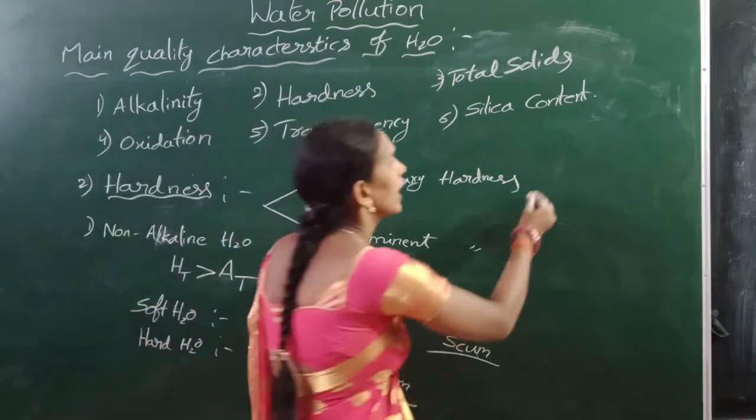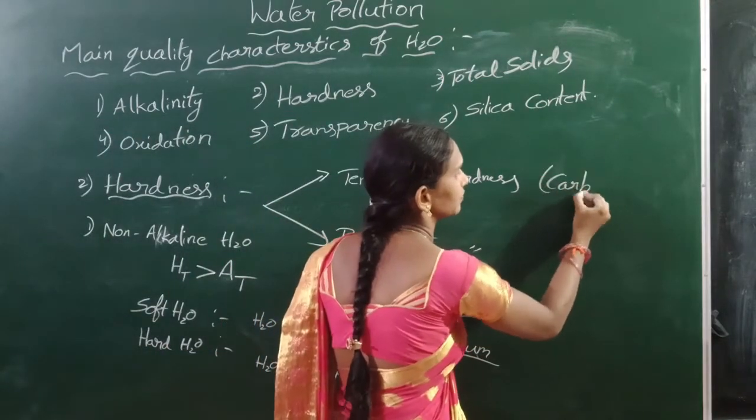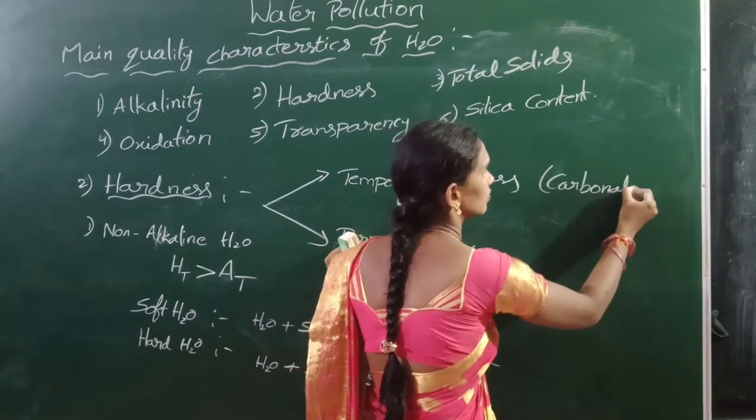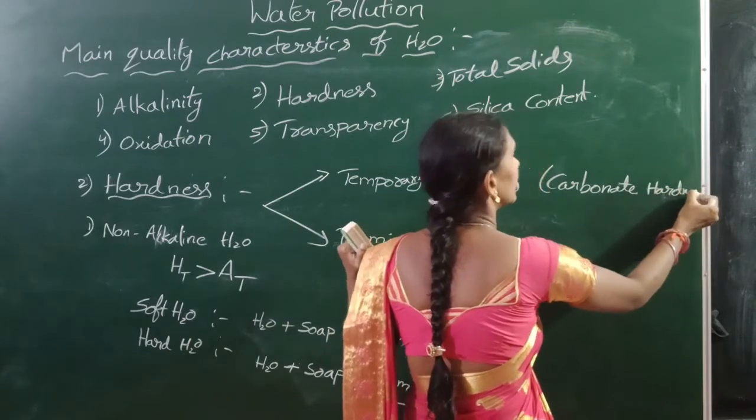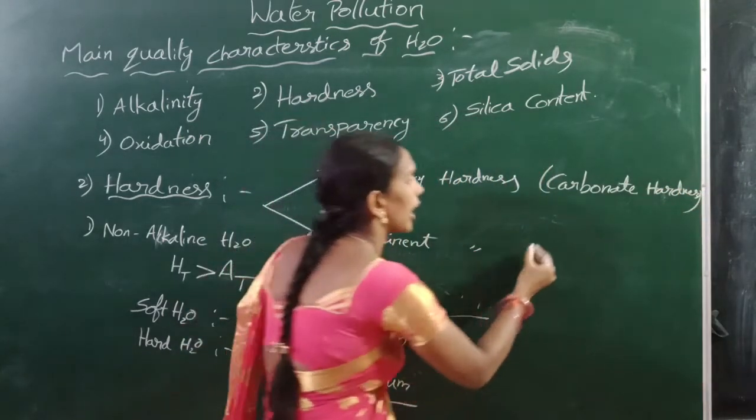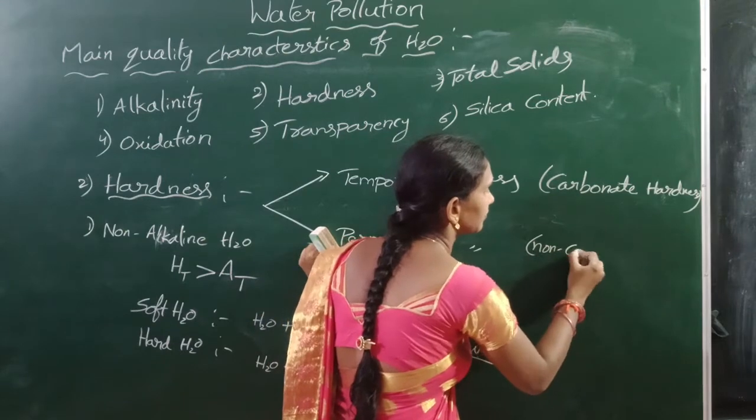Temporary hardness means carbonate hardness. Permanent hardness means non-carbonate hardness.